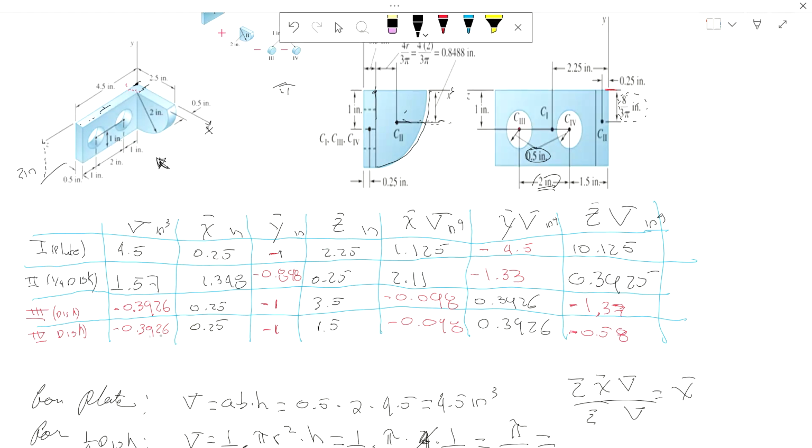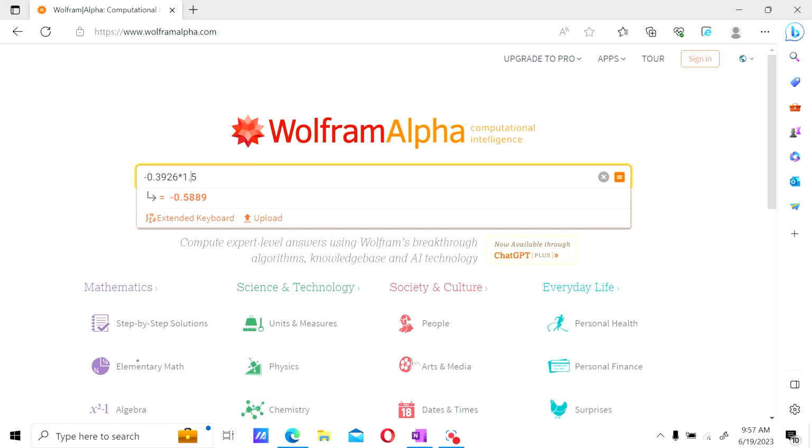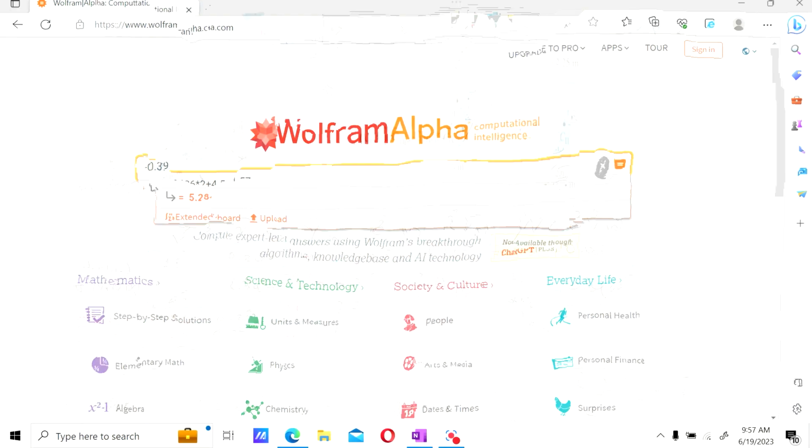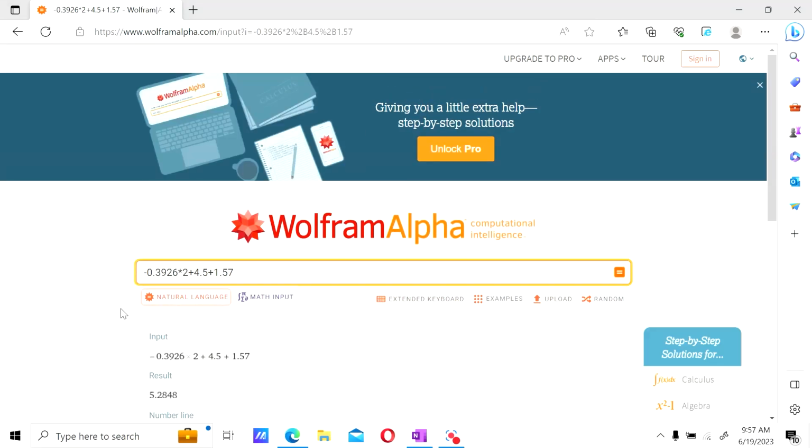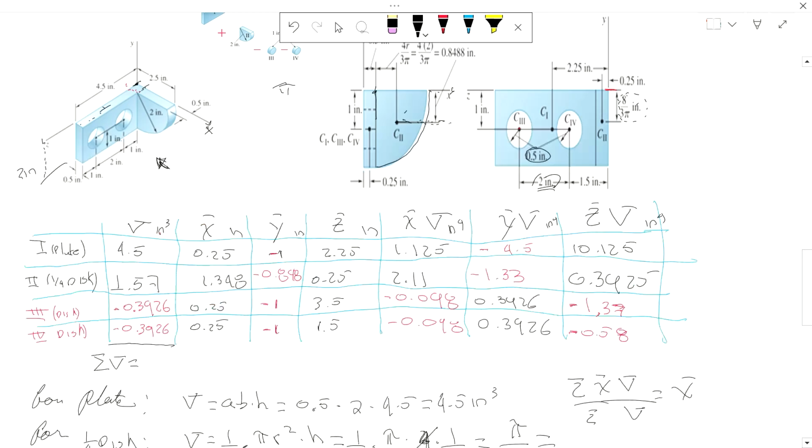The first thing we need to do is add this. So summation of volumes is equal to 0.3926 times 2 plus 4.5 plus 1.57, which is 5.2848.